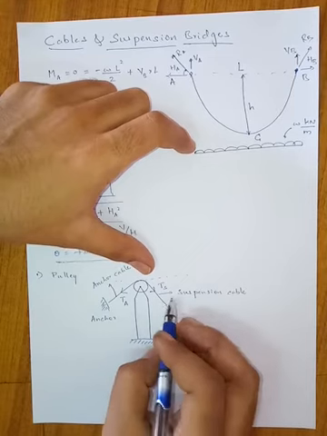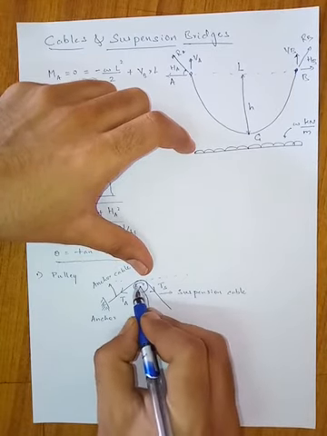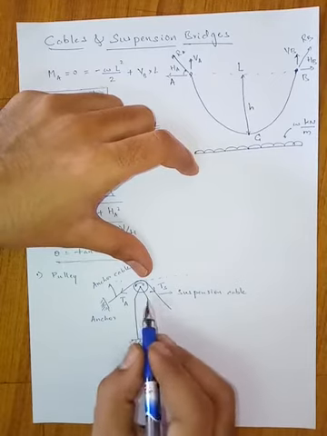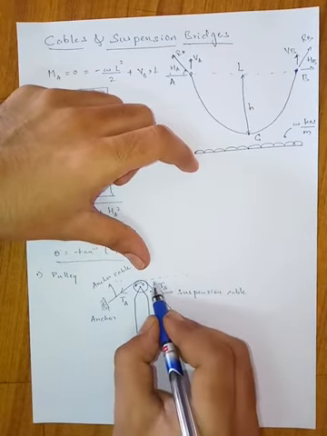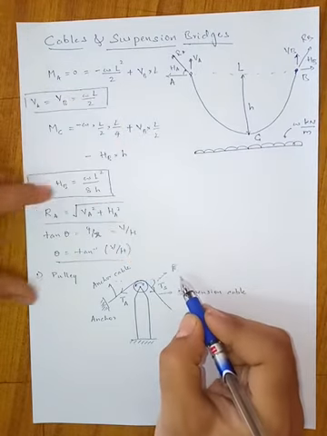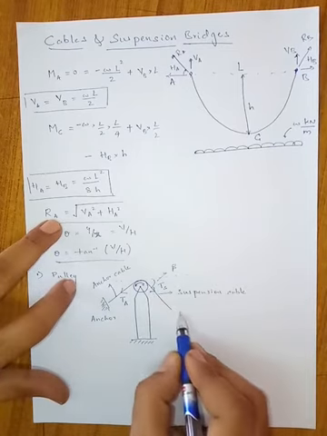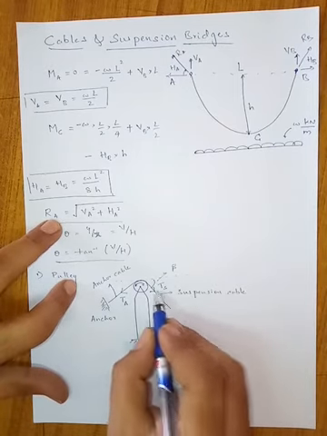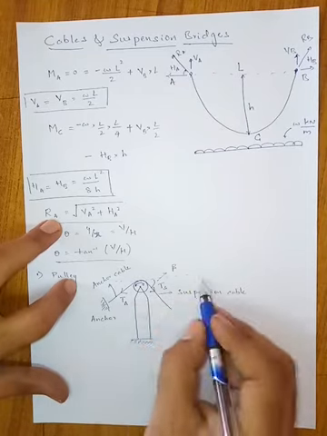Here the anchorage cable is anchored on the opposite side. Here the pulley is free to rotate. Here you will have some tension. This angle I'll call beta. Beta is the angle at which the suspended cable is with respect to the horizontal axis.